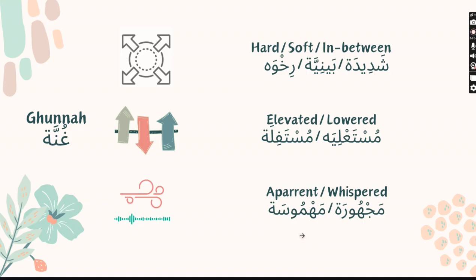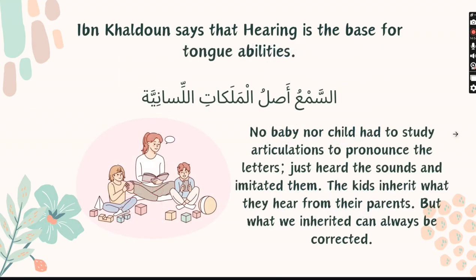So we say ar, I don't feel any air flowing. So the letter ra is harf majhur. Is there any hunna flowing with the ra? No, it's just the noon, not the lam, just the noon, but the ra doesn't have any hunna.